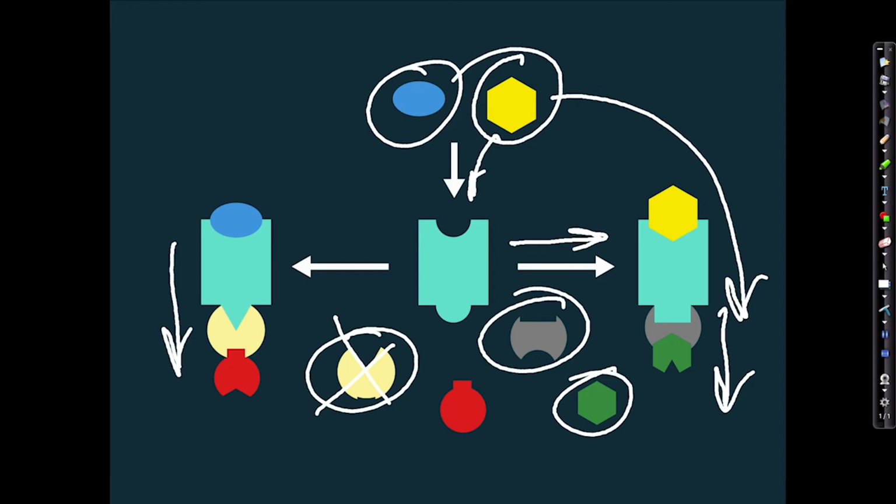In other words, you have one receptor, but the actual signaling pathway that is activated by activation of the receptor depends upon the agonist. So this is functional selectivity.